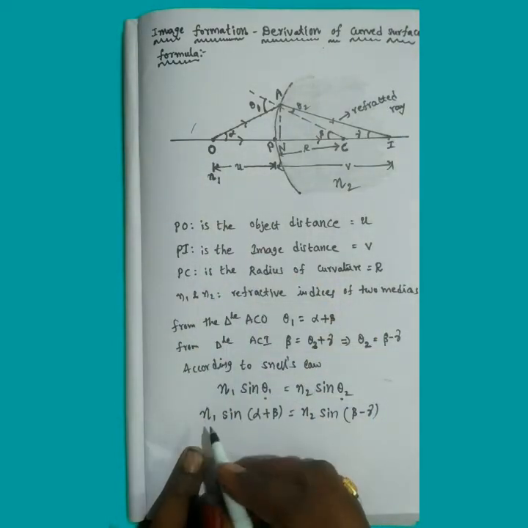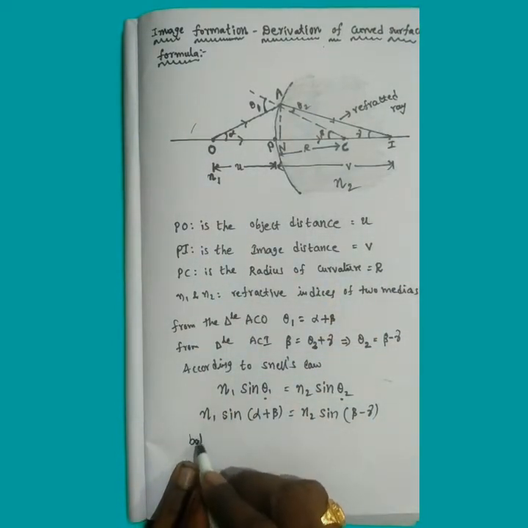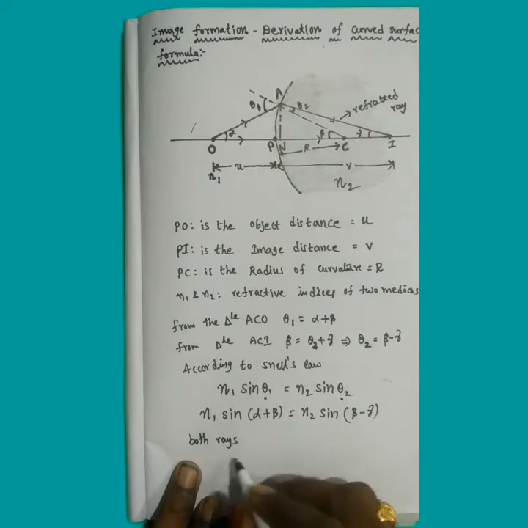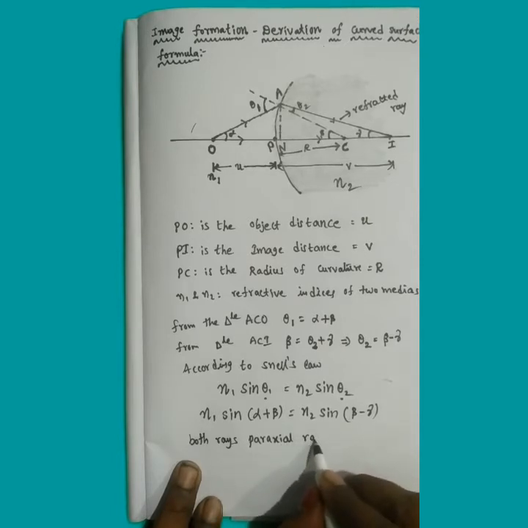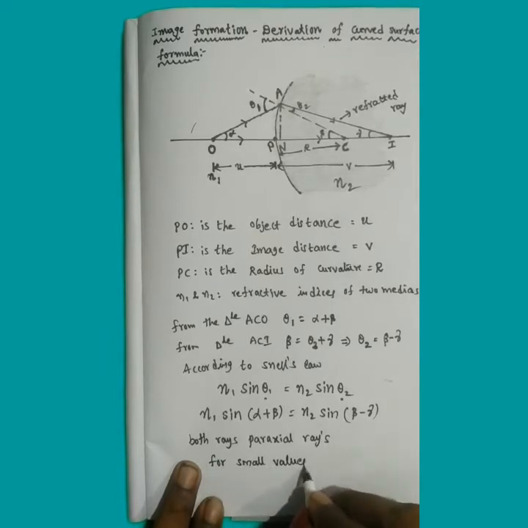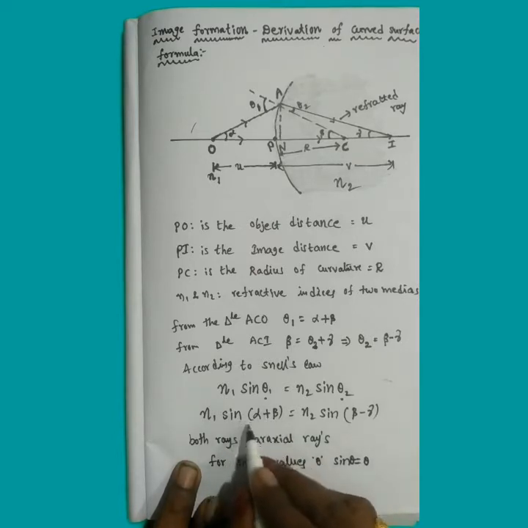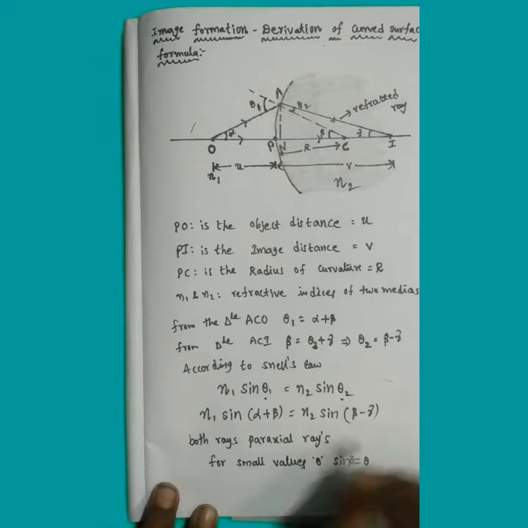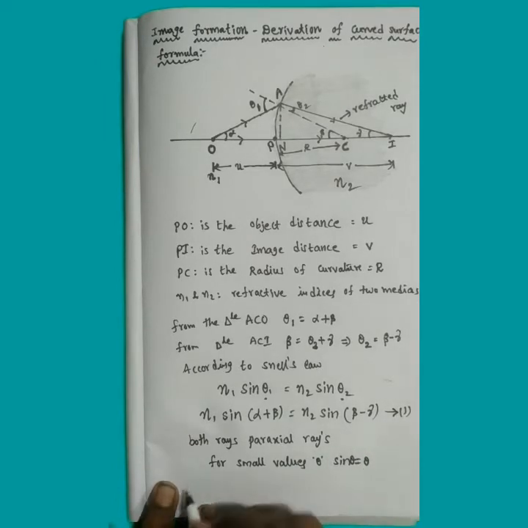So suppose both rays are paraxial rays. For small values of theta, sin theta equals theta. Here the angles are very small.